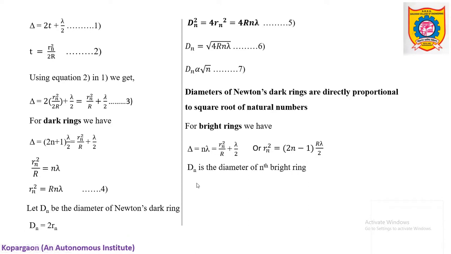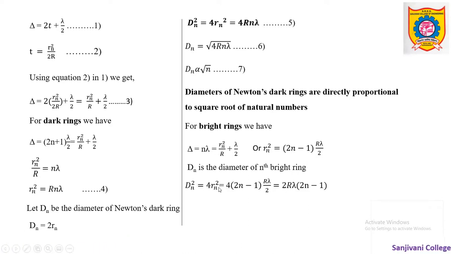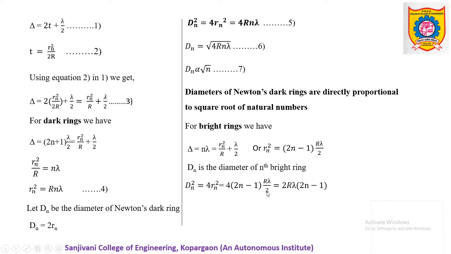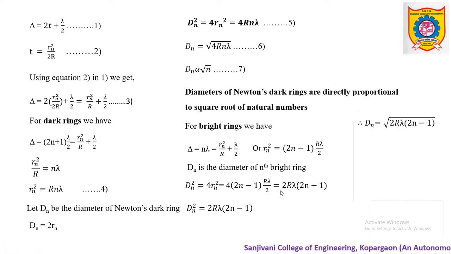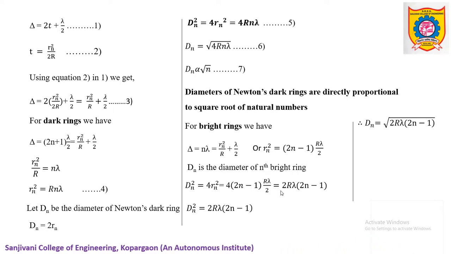So for the nth ring, we have Dn square is equal to 4 Rn square. By putting the value of Rn square from the previous equation, we get 4 times (2n minus 1) R lambda by 2, or it is simply 2R lambda into (2n minus 1). So once again, if we write it for Dn, it will become Dn is equal to square root of 2R lambda (2n minus 1). Which conclusion is it going to lead to?